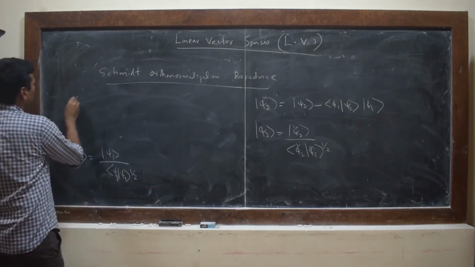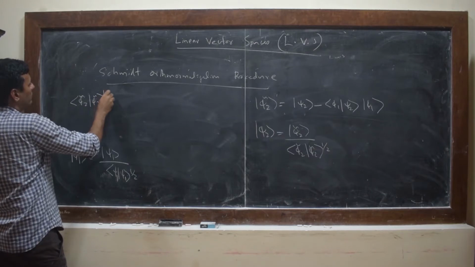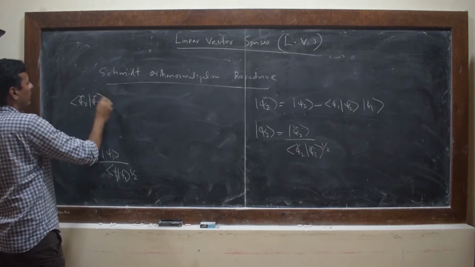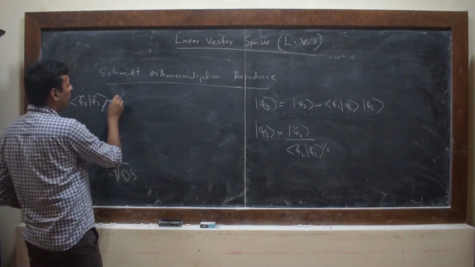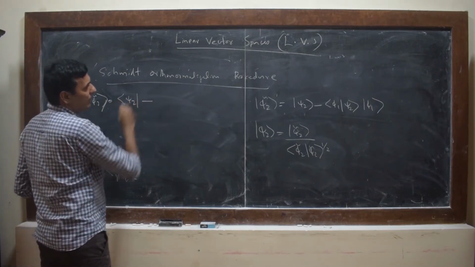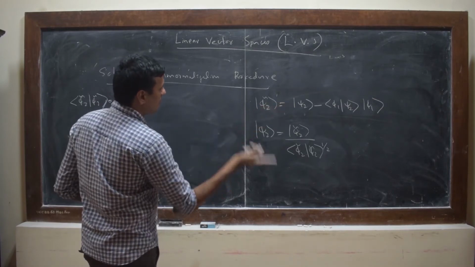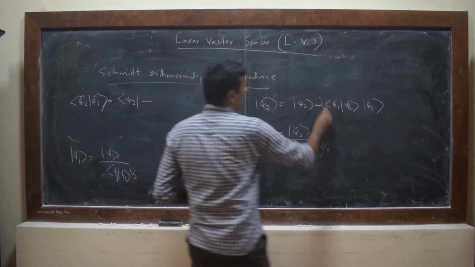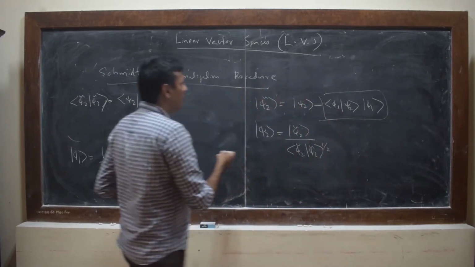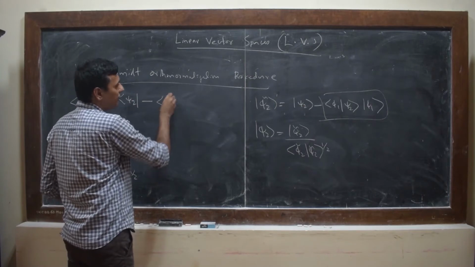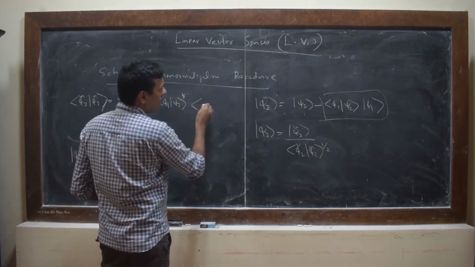So, the norm of phi 2 tilde is the inner product of phi 2 tilde with itself, all raised to half. Okay. So, I will first evaluate phi 2 tilde. That is equal to psi 2 minus phi 1 psi 2 times phi 1. If I need to take the dual corresponding to this one, it will be phi 1 psi 2 star into bra phi 1.